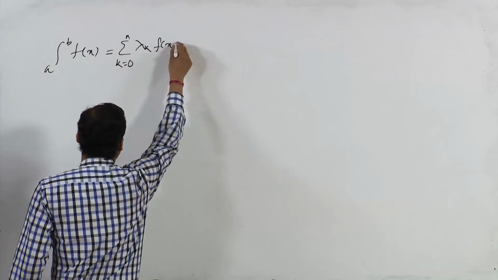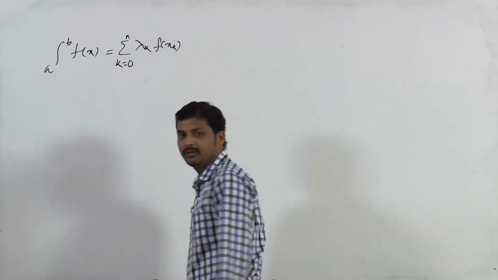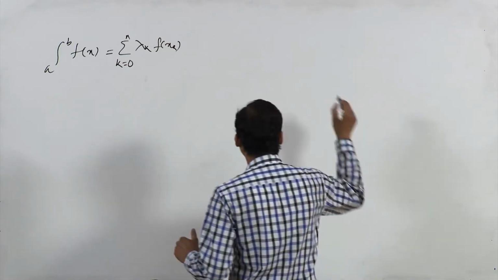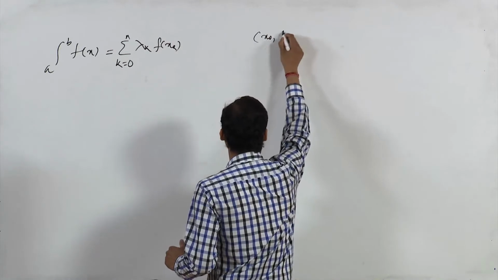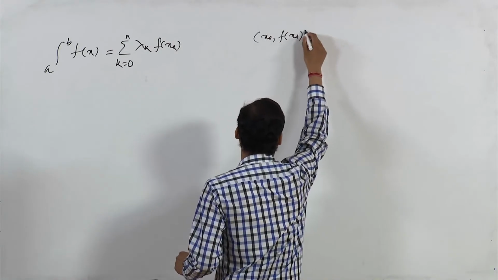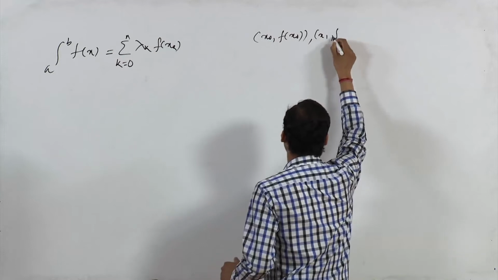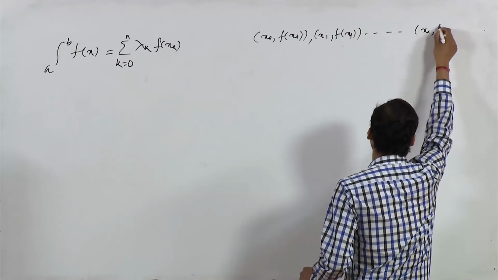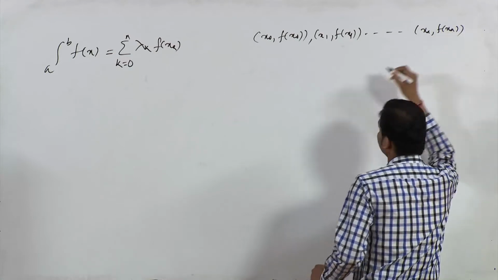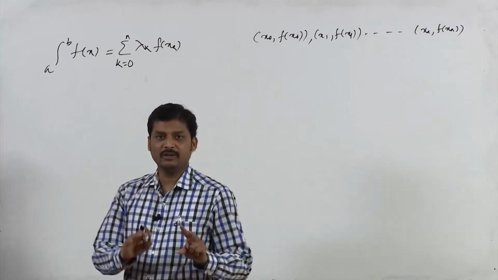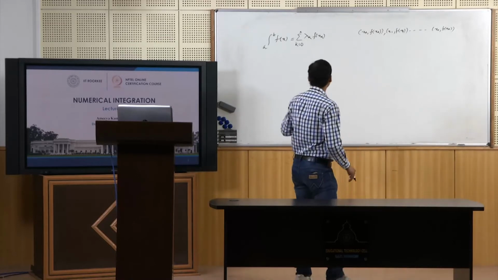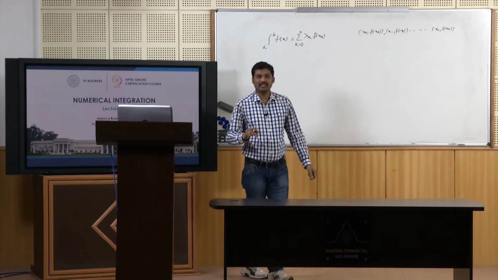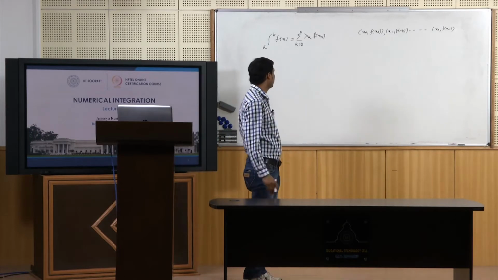We always have a set of tabular values, x0 f of x0, x1 f of x1, up to xn f of xn. If this set of tabular values is known to us, then we can implement this quadrature formula to evaluate the integration.